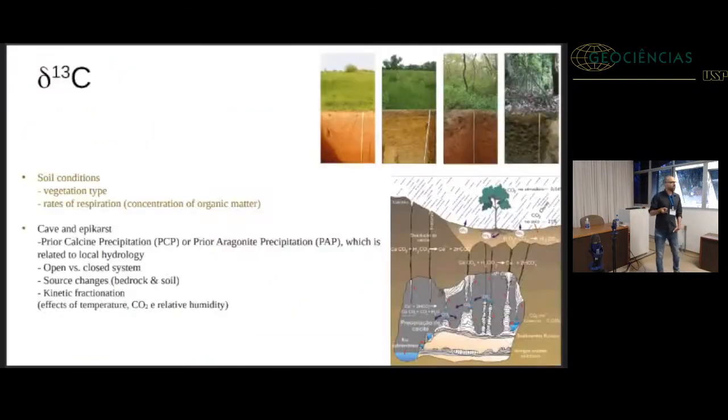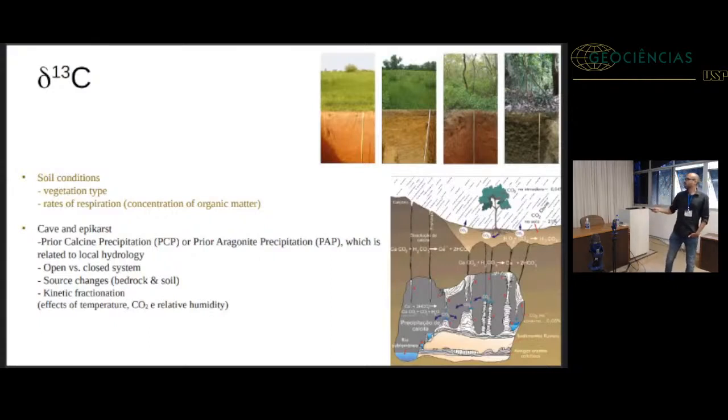Okay, so everything I was talking about until now happens above your cave, in the atmosphere or in the soil, in the vegetation here. But then you have many effects on the δ13C which are connected with what happens inside of the cave or the epikarst. Here's a list of some of these effects. You have prior calcite precipitation, prior aragonite precipitation if you have aragonite samples.